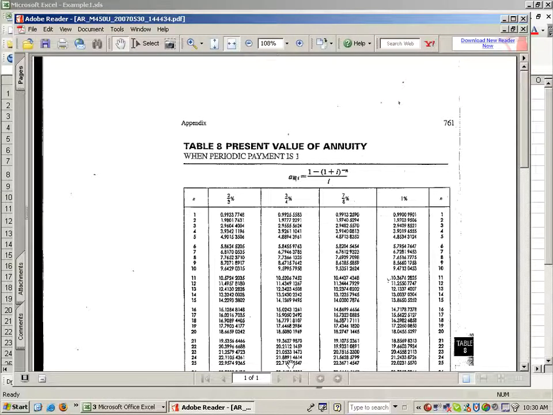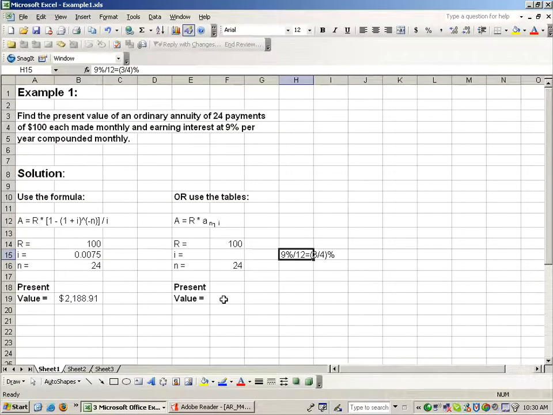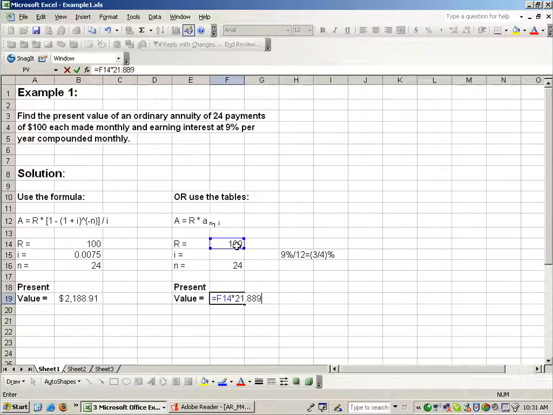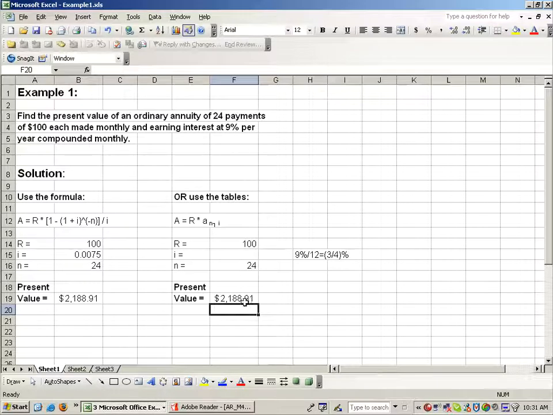Okay, so we take that number times R. So 100 times 21.88914614, and you see that no matter which method you decide to use, the result is the same. Now I would like to explain to you what this means. Okay?